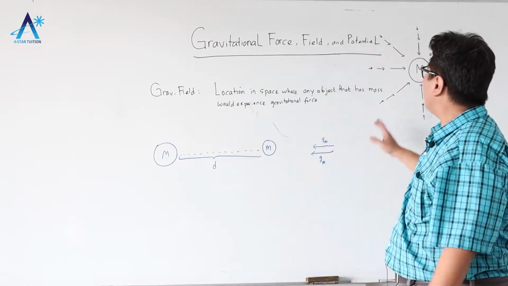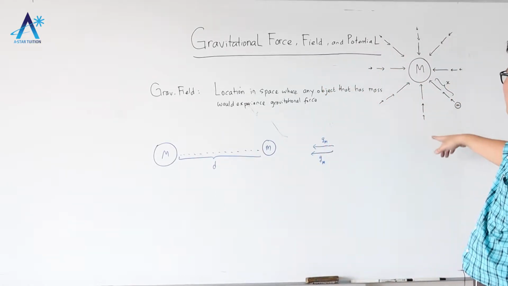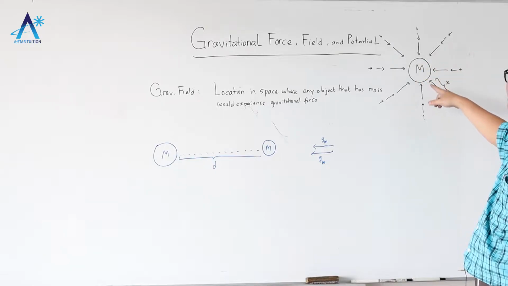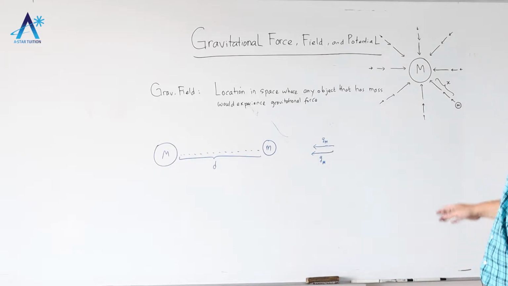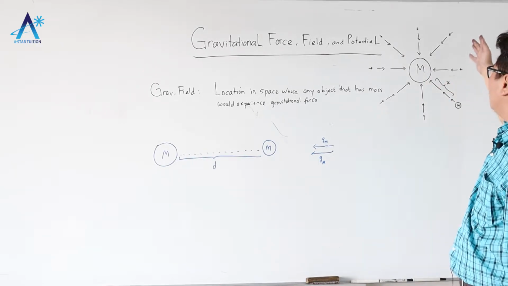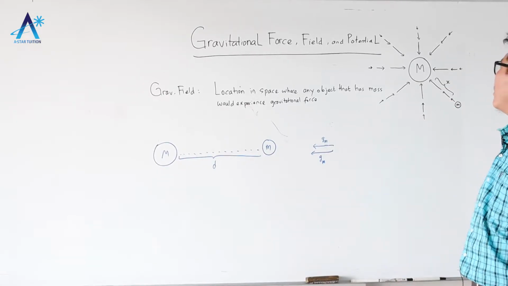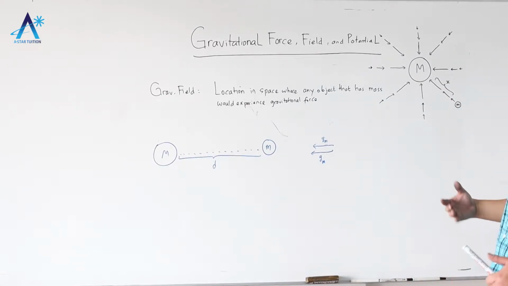Remember, the direction of the gravitational field is always directed radially inward, meaning that it always points towards where the source mass is.